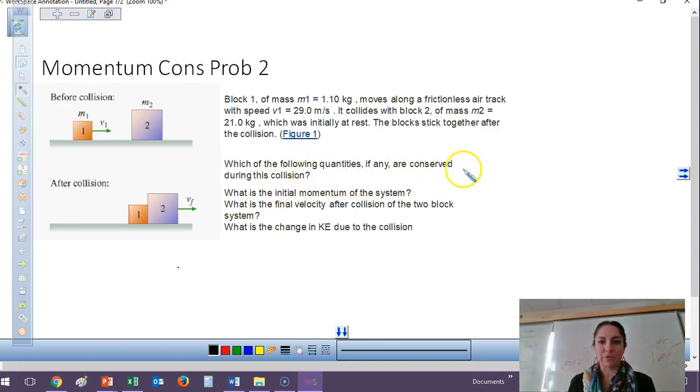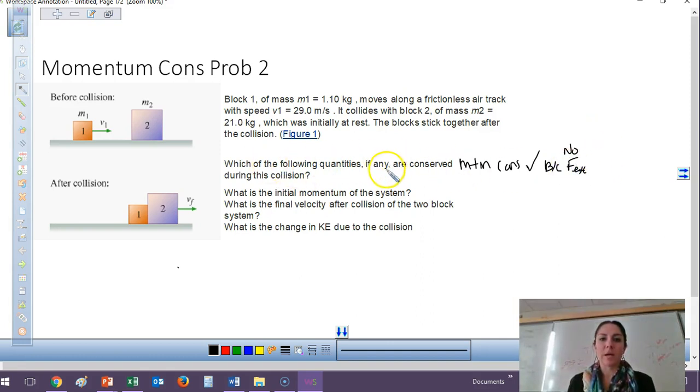I'm going to officially answer the energy question, but I know that momentum will be conserved strictly because there's no outside force in this problem. We don't see someone giving a force on this system or taking away energy, so we have a conservation of momentum because there's no external force right here.